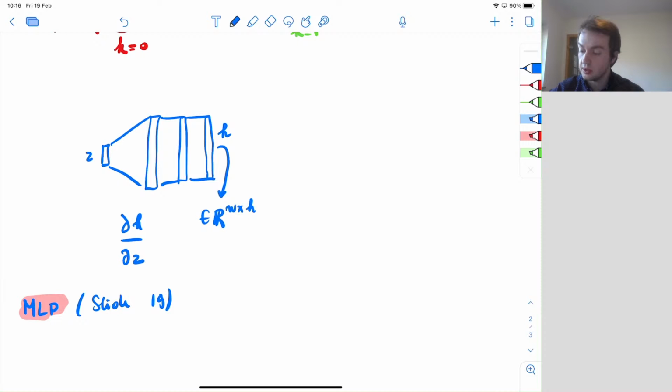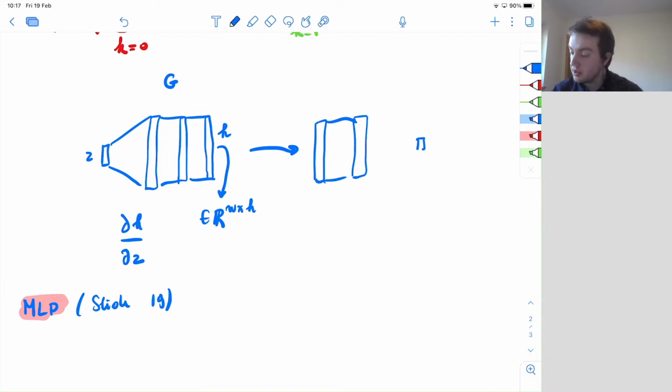However, this is not the end of the story when it comes to GANs, because this output of that first network, which we call G, will be fed as input to a second neural network. And that second neural network, which is usually a classifier, will take as input the image, does something, but at the end of the day, will collapse everything into just a single scalar output, which will correspond to a probability estimate. So this final output here has a dimension of 1.